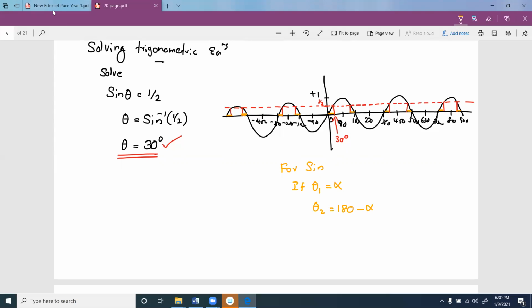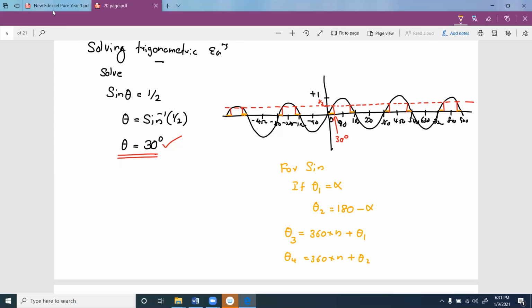Then if you need to find the next angles this way, you can say theta equals 360 into n plus the first angle. Then the next angle you can find by 360 into n plus the second angle.